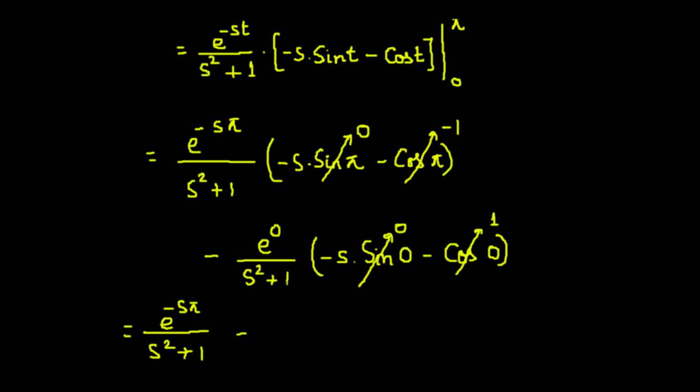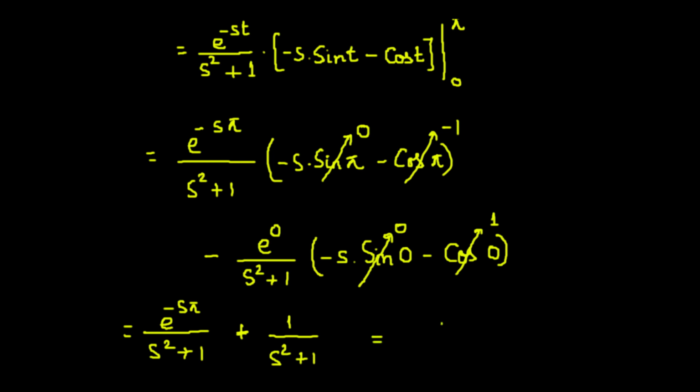We have minus e raised to the power of 0, so that will be 1 divided by s squared plus 1, and we have negative of cosine of 0, so that's negative 1, so the negative and negative 1 will make it positive 1.